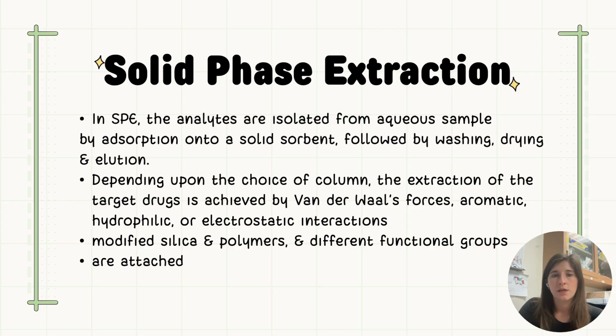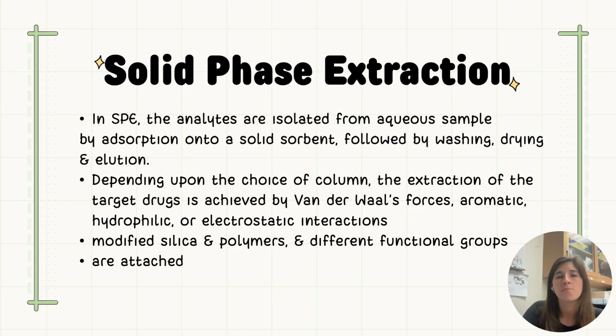Our cation columns are going to work through cation exchange, and their target compounds are going to be basic drugs. Our anion exchanges are going to work through anion exchange, and these are going to be for acidic drugs.